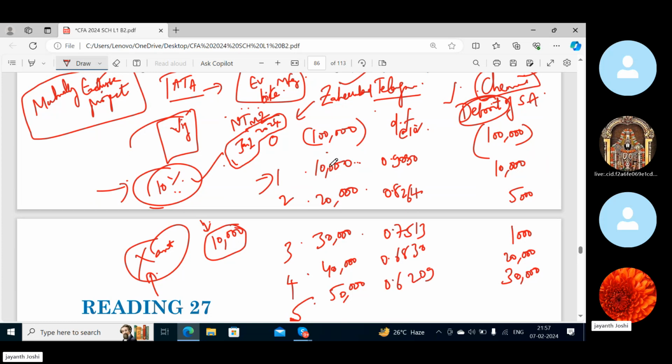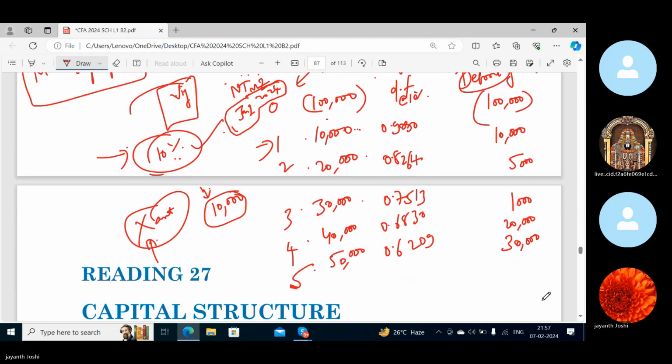These are the discount factors. We will multiply the cash flows and write it here.